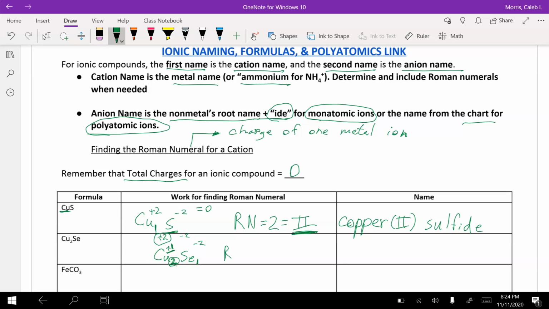So our Roman numeral equals 1, and if we write that as a Roman numeral, it's just I. So this is copper 1, and Se is selenium, but I'm going to change the ending to ide, selenide.